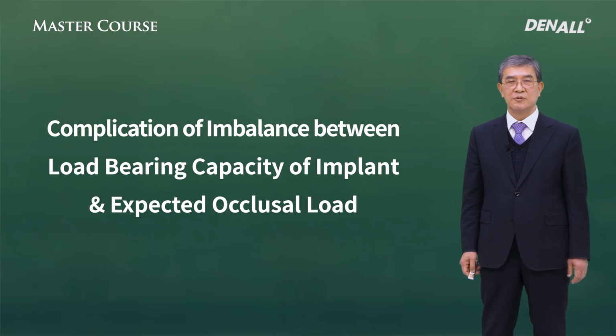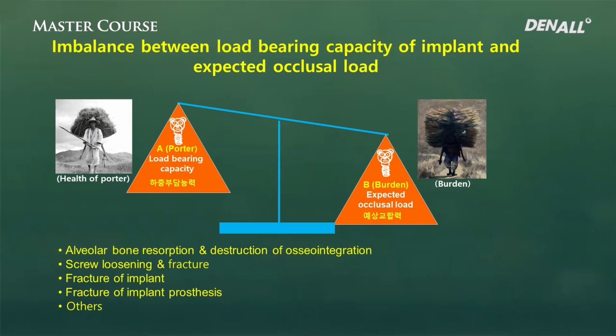As shown here, if there's excessive load, if it surpasses that of the implant, as mentioned, the carrier may be unhealthy, and if the load is too much in the implant, as shown in the bruxism patient, similar patterns could be observed: alveolar bone resorption and destruction of osseointegration, screw loosening, and fracture. The fracture of the implant itself and implant prosthesis fracture could be observed.